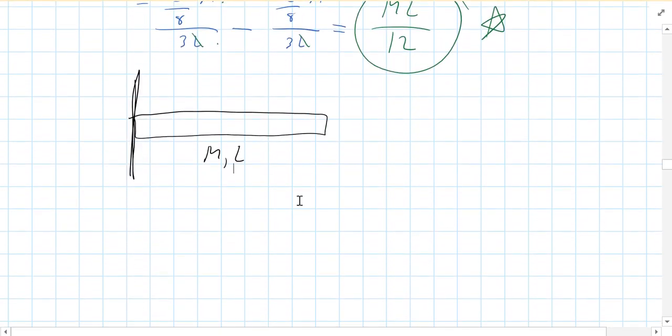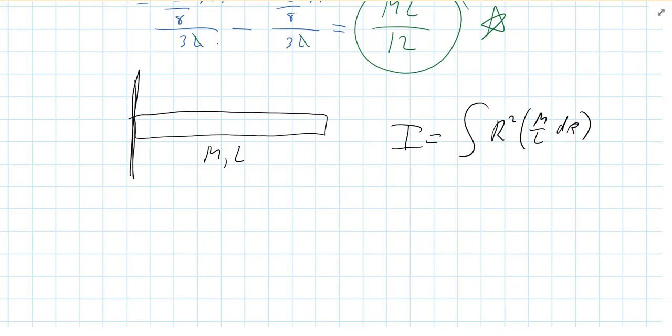The moment of inertia is still going to be the integral of r squared m over L dr. What's going to change? Well, now your limits of integration change. The meter stick starts here at 0, and the meter stick ends at L.